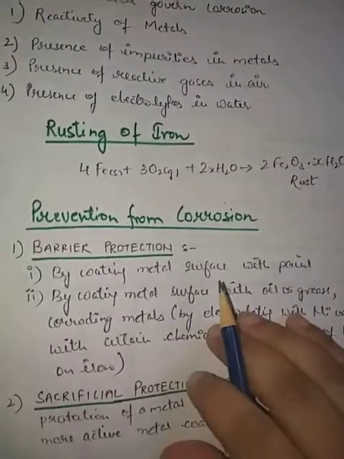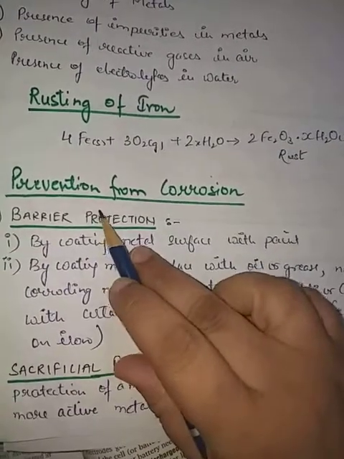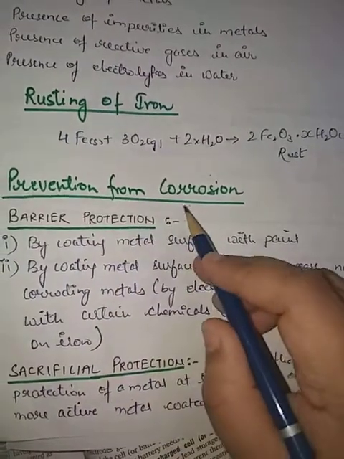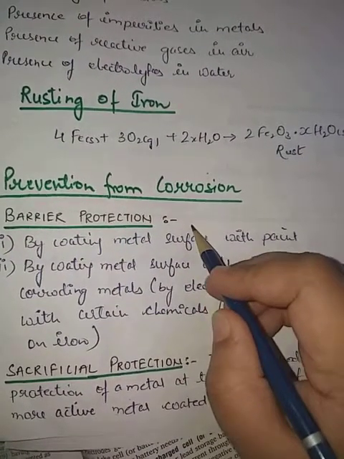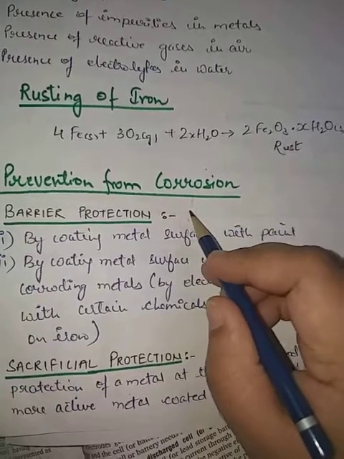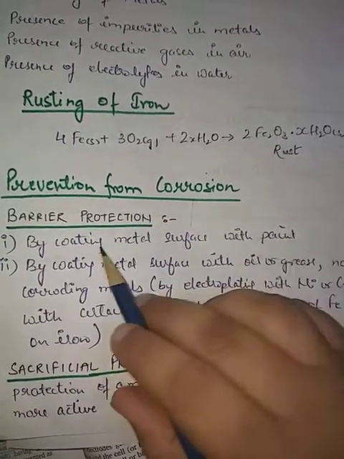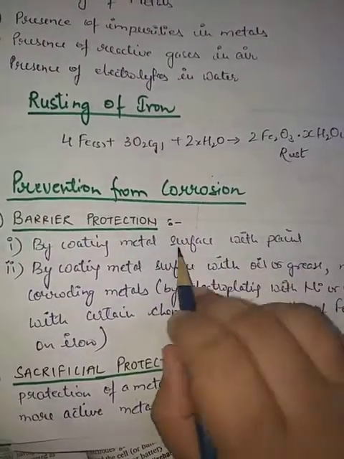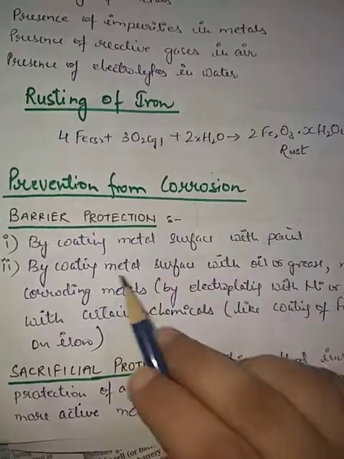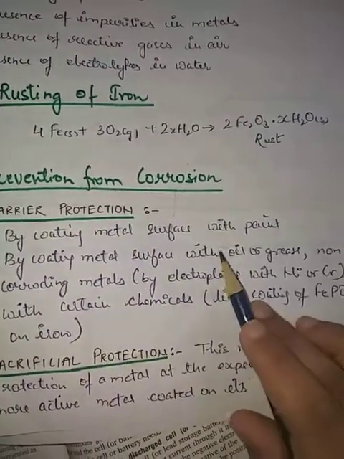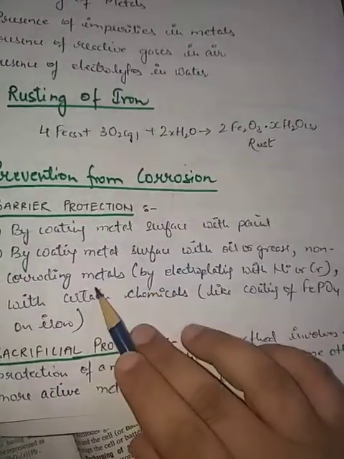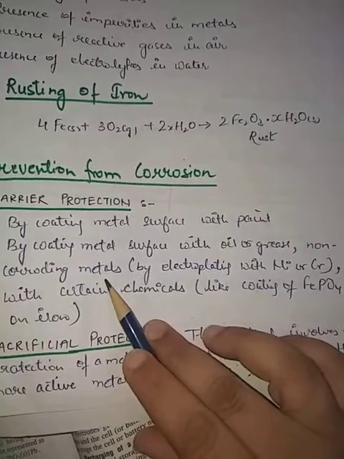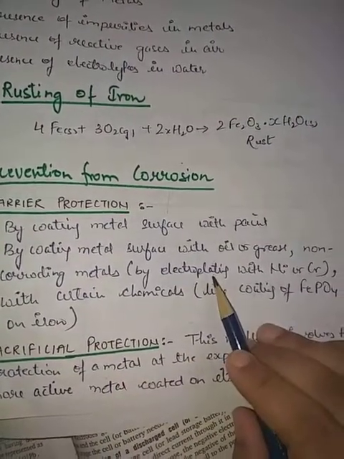Now, how can we prevent our articles from corrosion? The first method is barrier protection. Barrier means that some barrier is provided between the article and the atmosphere. We can coat the surface with paint, or coat the metal surface with oil and grease, or cover the surface of the metal with some non-corroding metals by the process of electroplating.